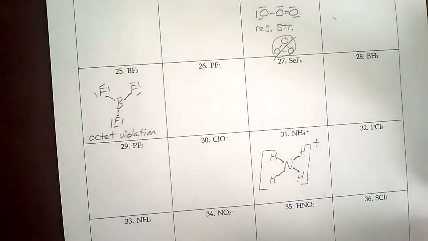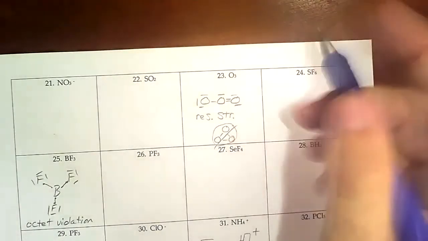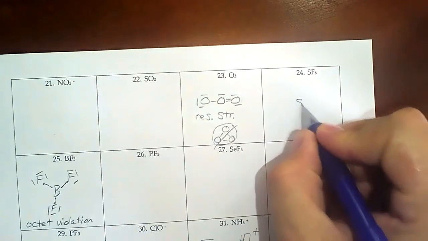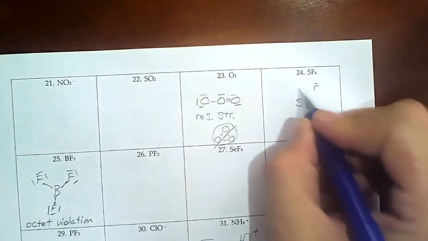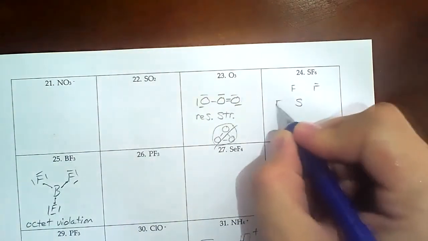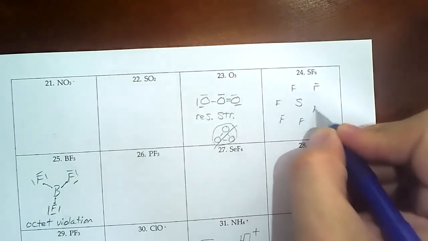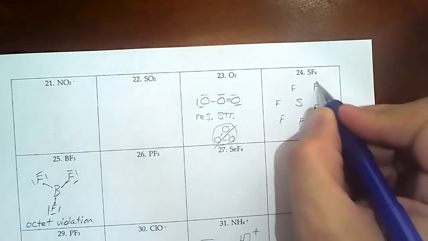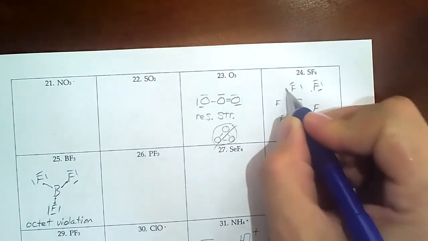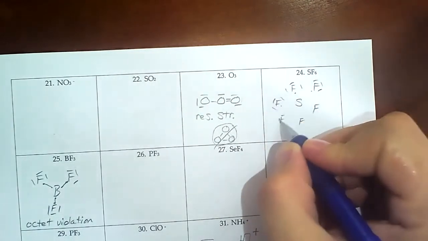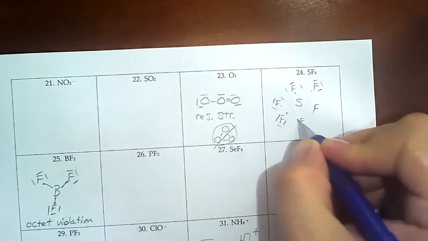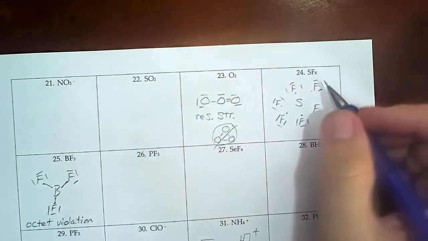We should do maybe this one, 24, and I'm going to go a little bit faster. Sulfur and 6 fluorines, that's a lot. 5, 6, and fluorine is a 7 valence, so 2, 4, 6, 7. And sulfur is in my 6 valence.